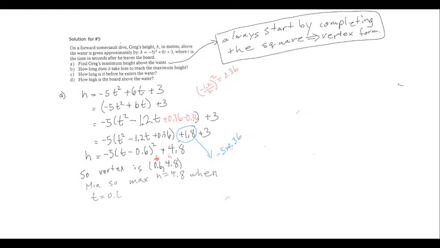So basically, based on our original calculations, we know that a is negative 5, so it's going to be a maximum type problem where h is 4.8 when t is 0.6.